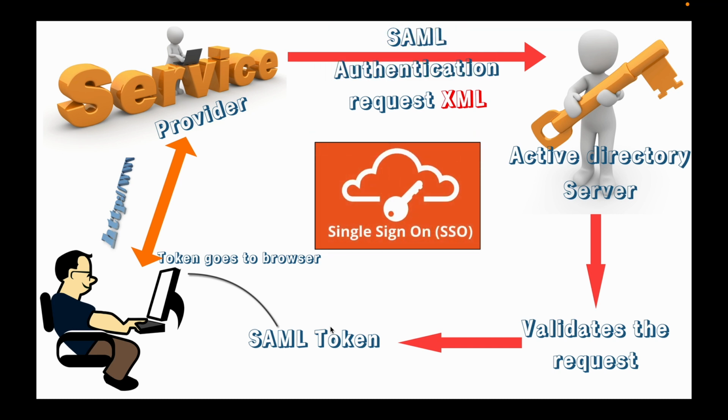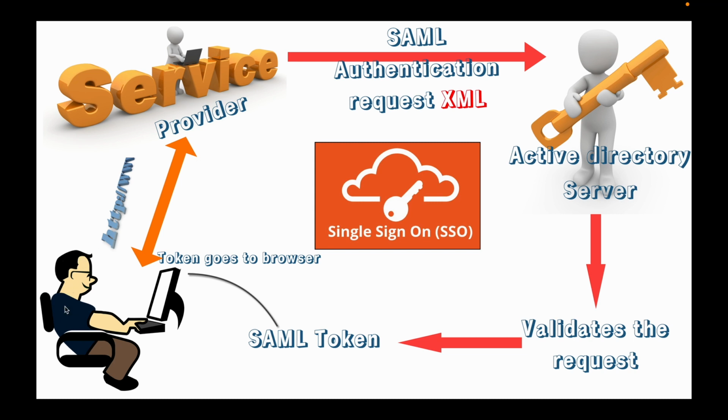The browser will tell the provider that yes, he is a legitimate user, he has a SAML token. So the provider will validate the SAML request and SAML response. Based on that, the service provider will redirect this particular request to the browser again, saying okay, you are a legitimate user, so you can browse through the application, and this way this particular user will get access to the application.